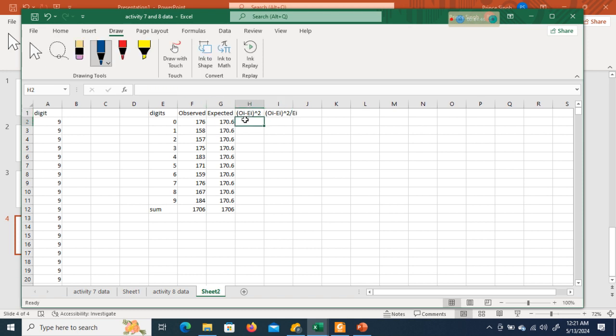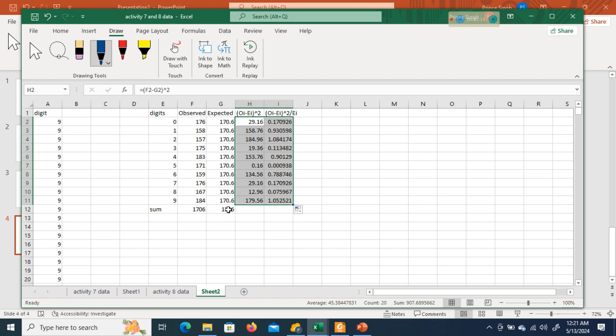So let us firstly calculate this term. This is equal to the bracket observed frequency minus expected frequency, and then its square. Then in the second part I'm going to calculate this term divided by expected frequency. Now I'm going to drag this value, and now I'm going to drag this so that I can get the value of observed minus expected frequency.